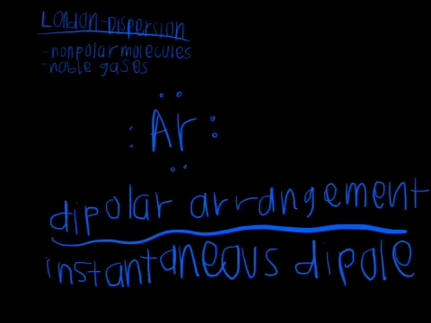Usually these London dispersion forces are pretty weak and short-lived, but they can actually have a big effect on bigger atoms. That's why an element like argon will have a low freezing point.